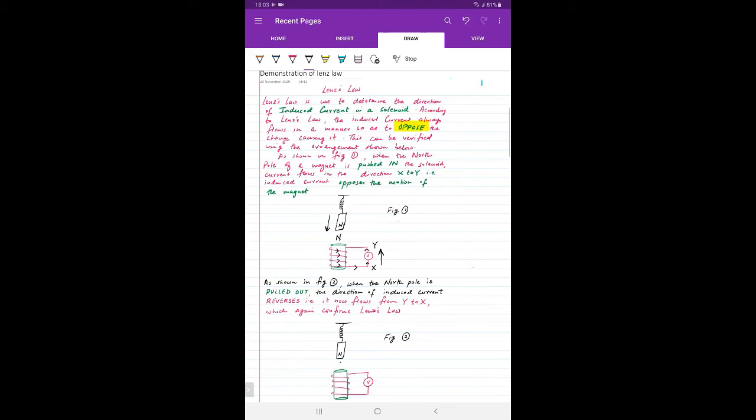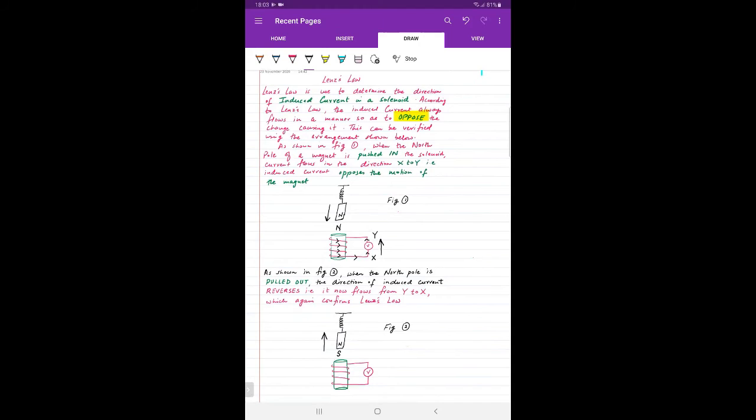In the second diagram, when the magnet is getting pulled out, south was induced, north had come down, and this scenario was created. So this time current goes in the direction y to x. So if they ask you for a demonstration, then using figure 1 and figure 2, I have written the wordings completely.